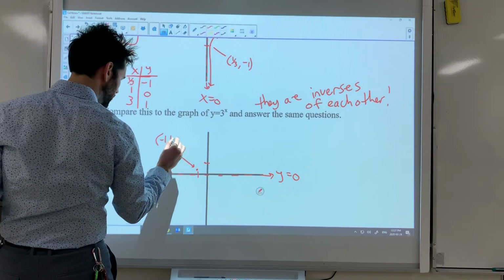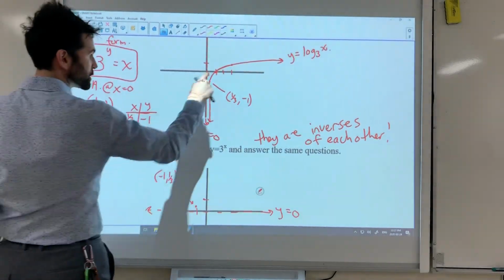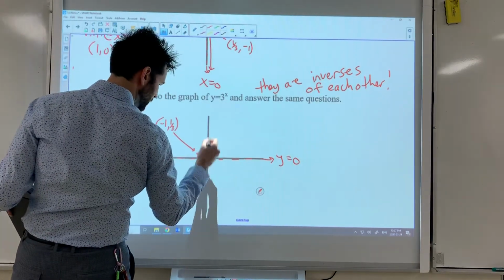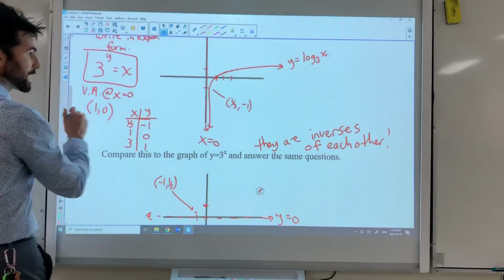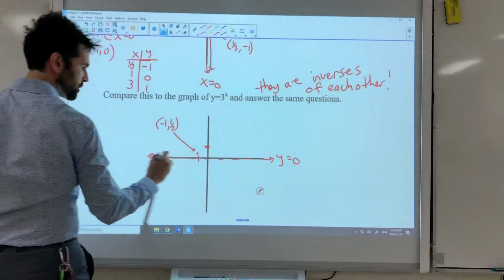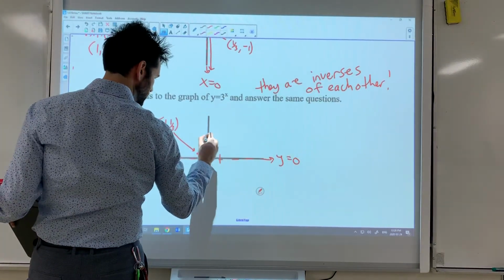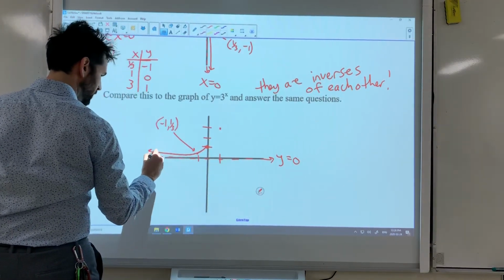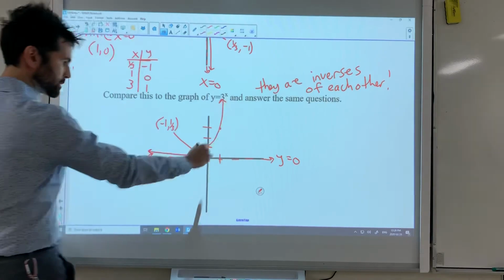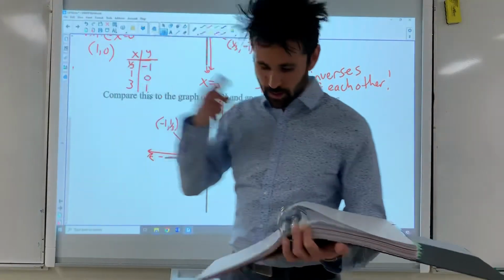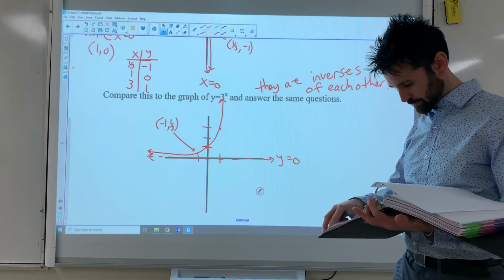Then we had this point, which was 1, 0. That becomes the point 0, 1 right there. And then our last point, 3 for x, 1 for y, becomes 1 for x, 3 for y. And we have our exponential graph. Boom!